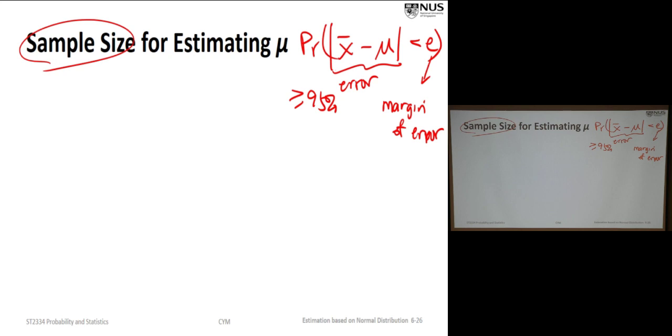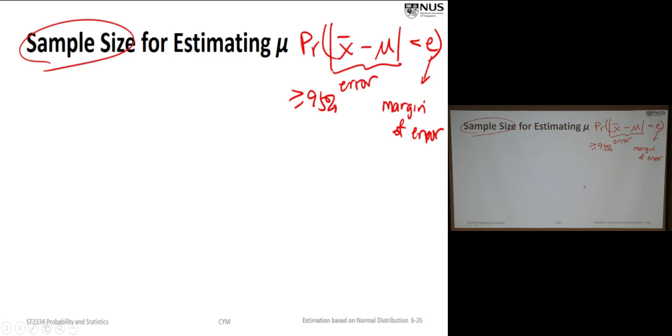If I want 99%, obviously I need a bigger sample. If I want 100%, almost no way, unless your sample size is so big, billion, trillion, then maybe 100%. So you understand the idea.